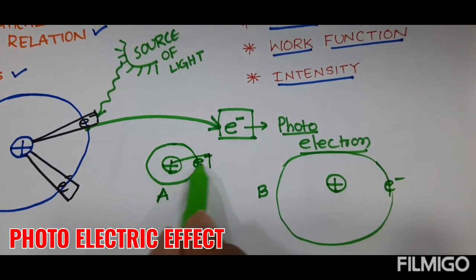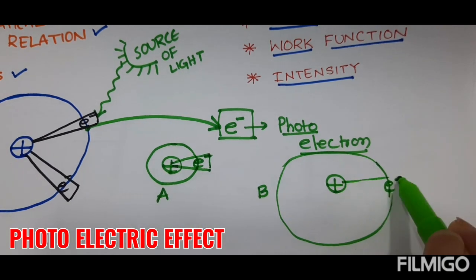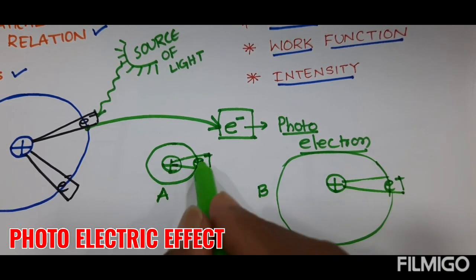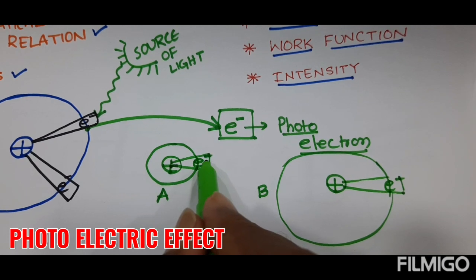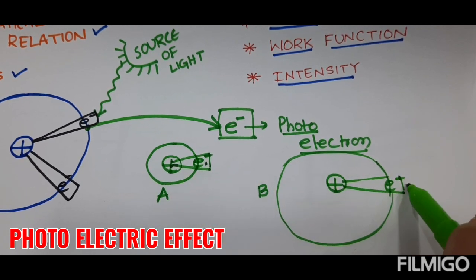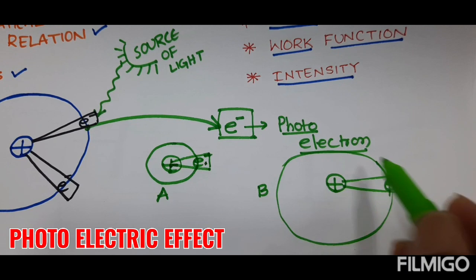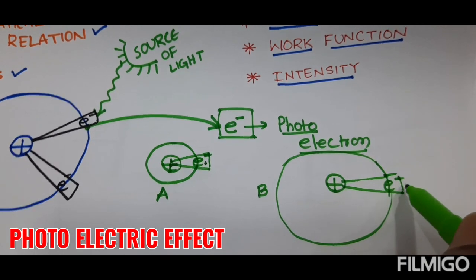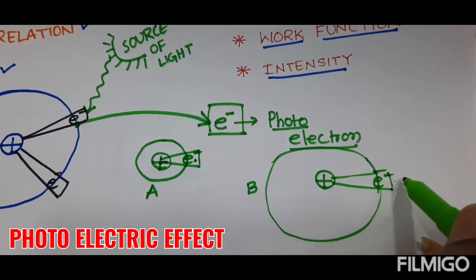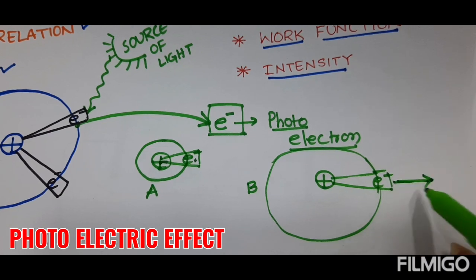If you compare the nuclear influence on the outermost orbit in A and B, here the nuclear influence on this orbit is more, on this orbit is less. That's why it is easily ejected out.